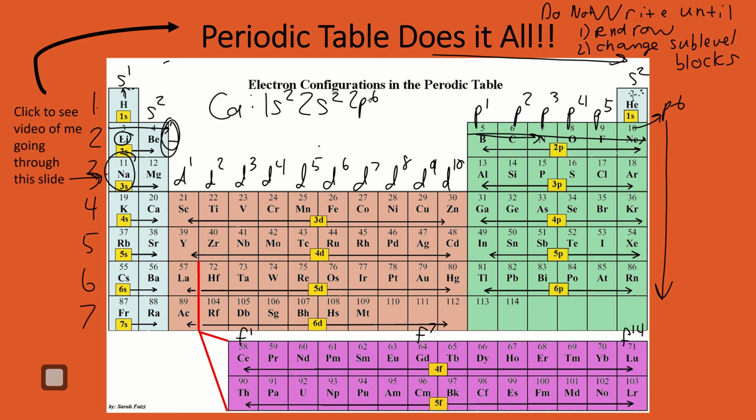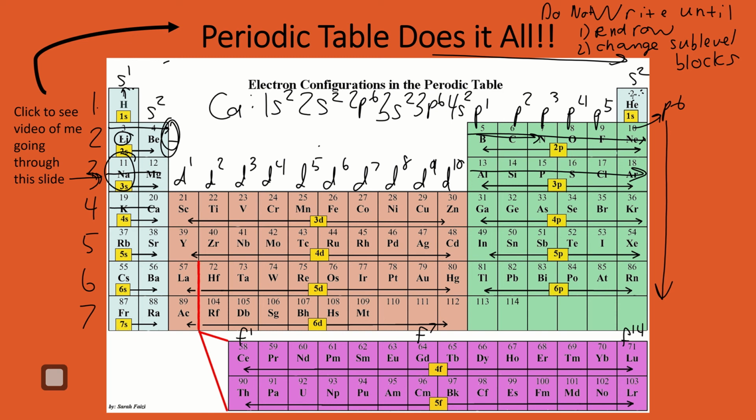I come down, I'm now in the next row, so I go through that block. That's 3s2. All the way across the p, still no calcium, so this is 3p6. Then I finally get to the fourth row, and I end at Ca, which is 4s2. And there's my electron configuration.